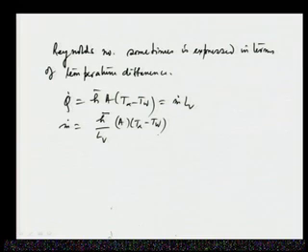This is the case, and then the film Reynolds number is equal to 4 m dot by P into mu L, and that becomes 4 into H bar.